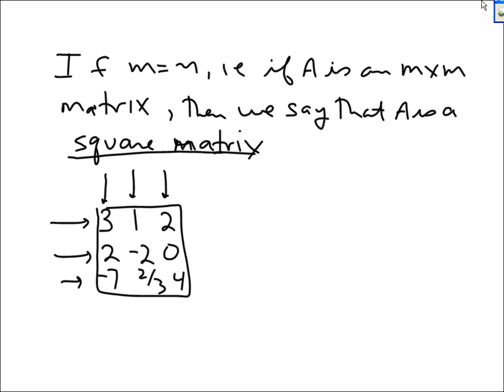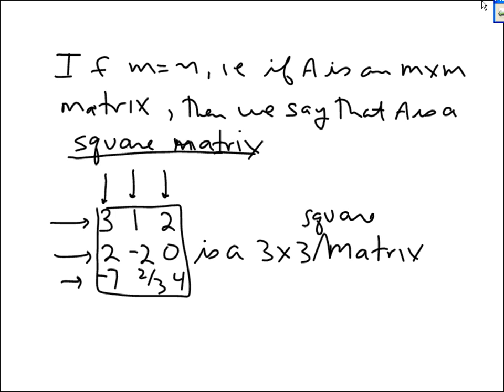The rows and columns are of the same size. This is a 3 by 3 matrix. I can even say a 3 by 3 square matrix. If the number of rows and the number of columns are equal, we call it a square matrix. It's just a definition.